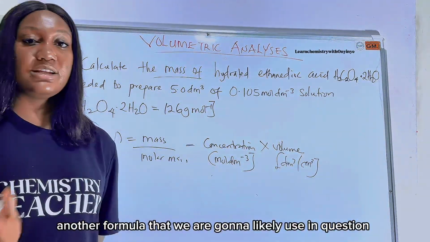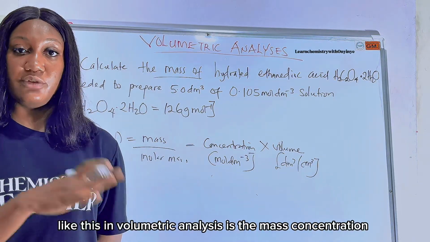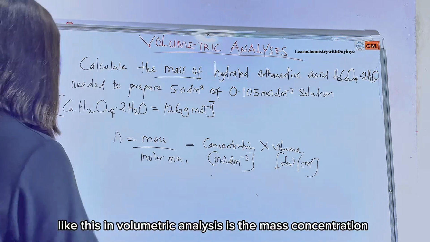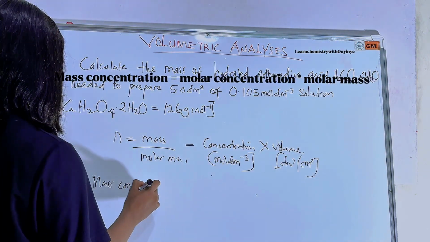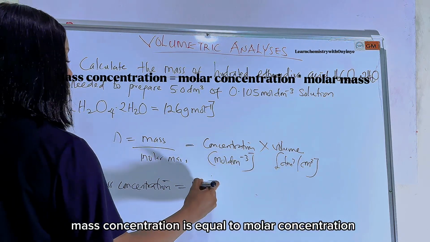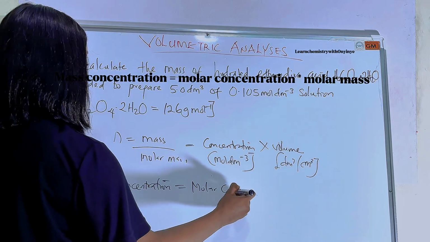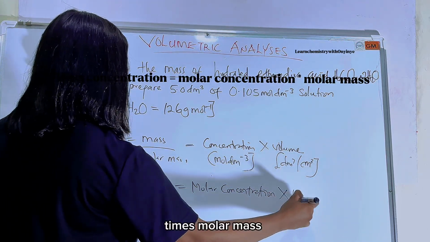Another formula we're likely to use in questions like this in volumetric analysis is the mass concentration. Mass concentration is equal to molar concentration times molar mass.